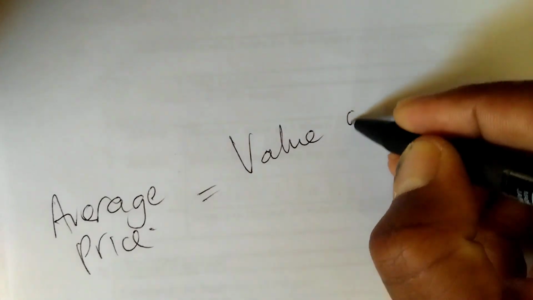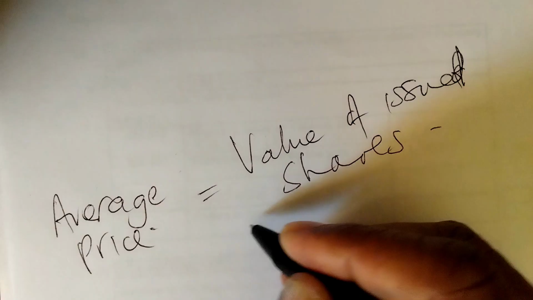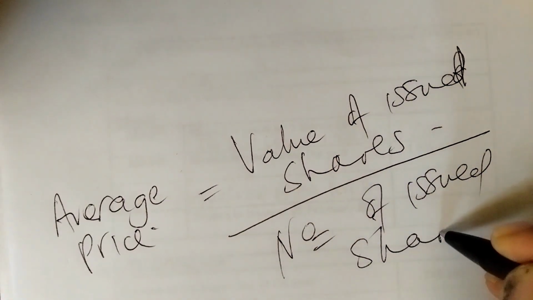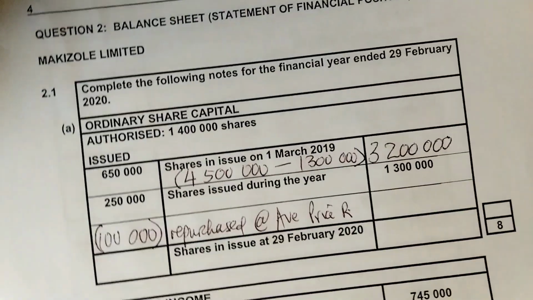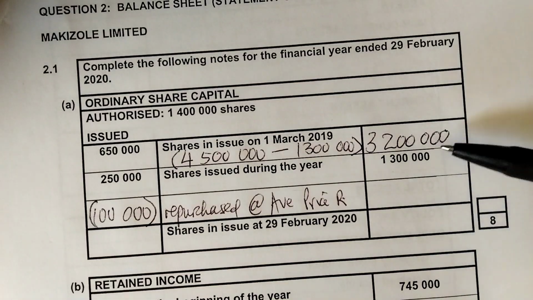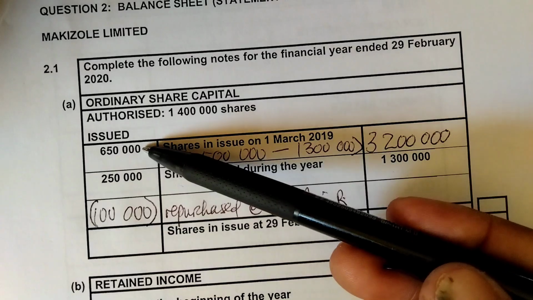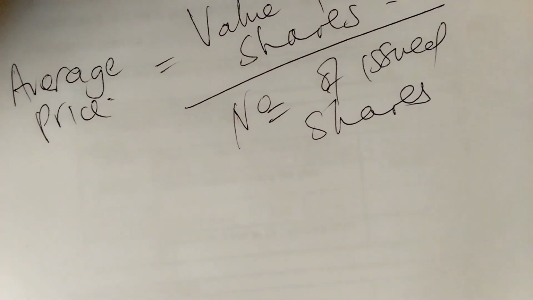Now remember, when you want to calculate average price, we say value of issued shares over number of issued shares. Now, your value of issued shares, we can find that information on here. So our value of issued shares is the 3.2 and the 1.3, and the number of issued shares is the 650 and the 250.